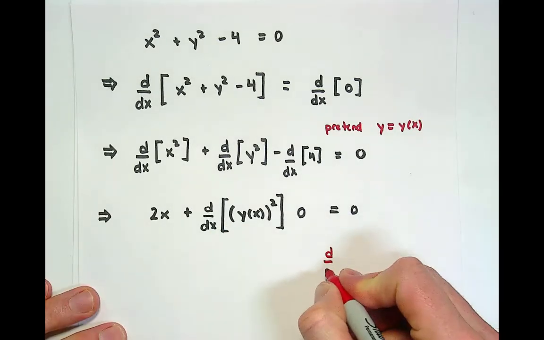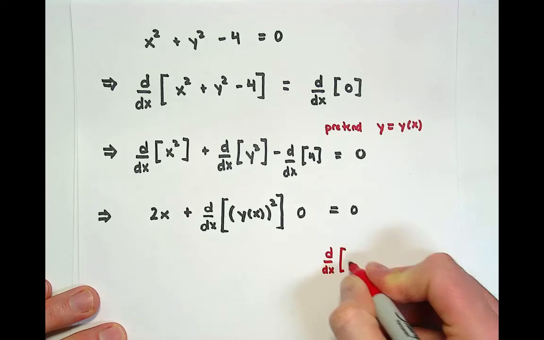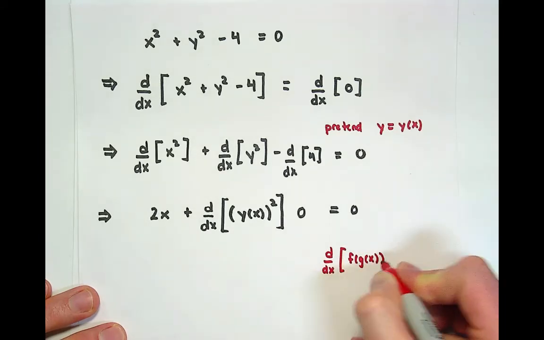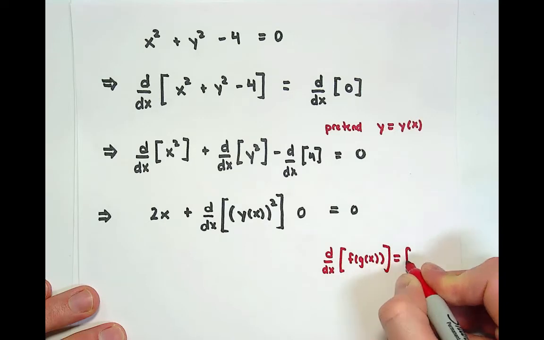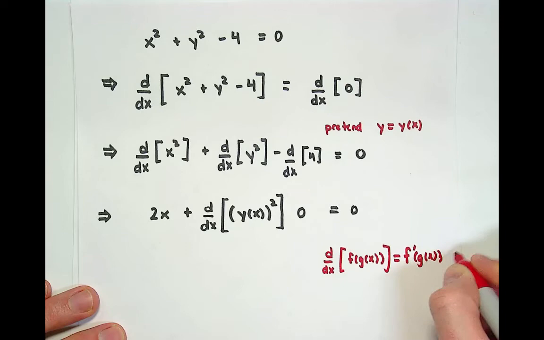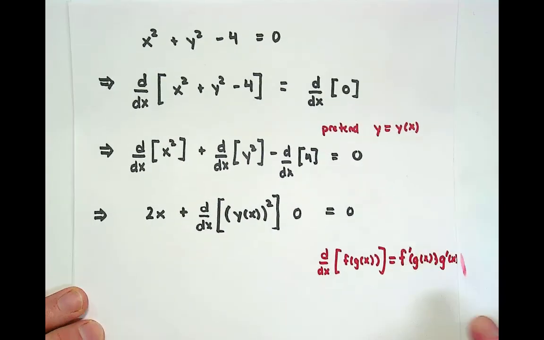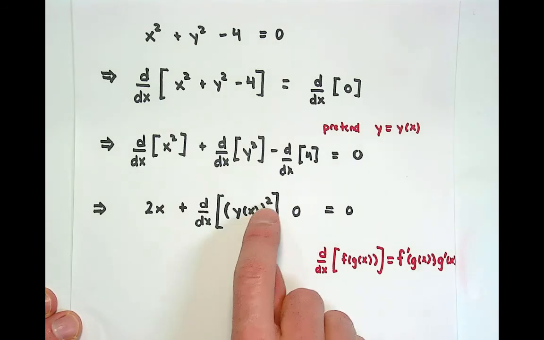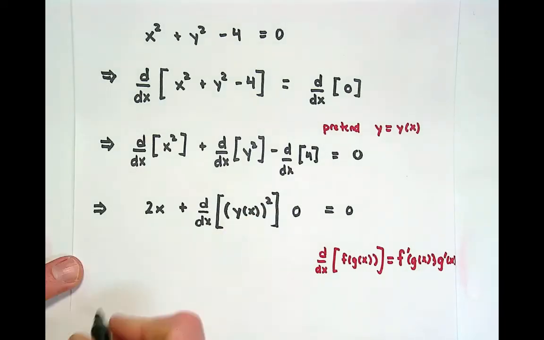Remember, when I take the derivative of a composite function, f of g of x, this is f prime of g of x, the derivative of the outer function times the derivative of the inner function. Okay, so here the outer function would be whatever the inside is squared, and the inner function is y of x.